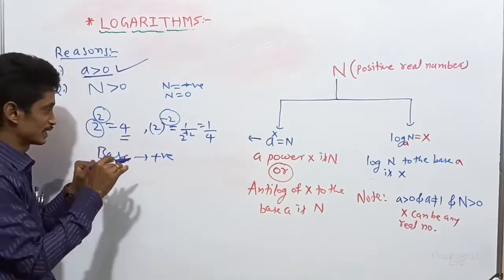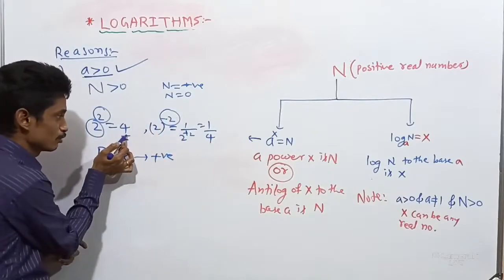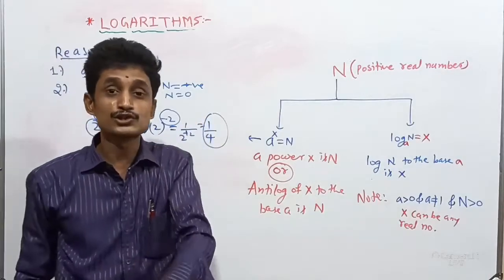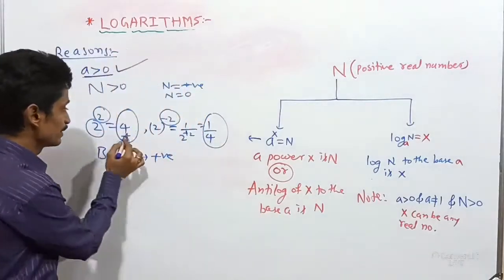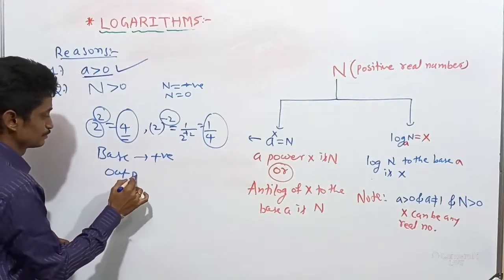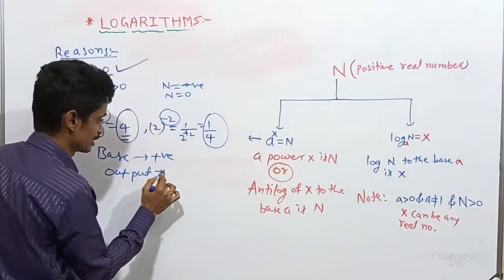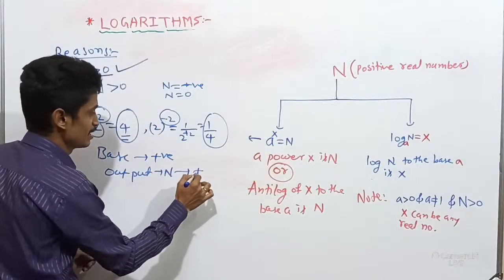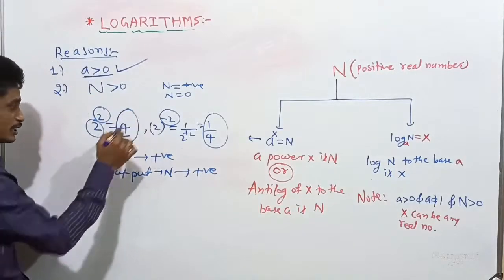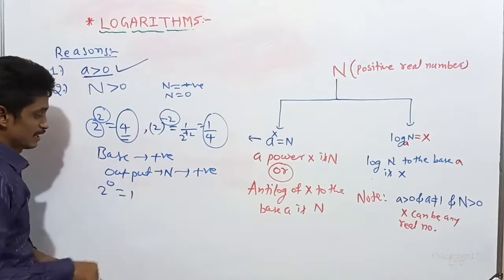Nothing to worry about that. What is our output? Your output will be positive either way. So every time we are getting a positive quantity. That output of the index form is what we call n. n we are getting in positive form. This is the reason. What about the case of 0? That too we know, any power 0 will always be 1.